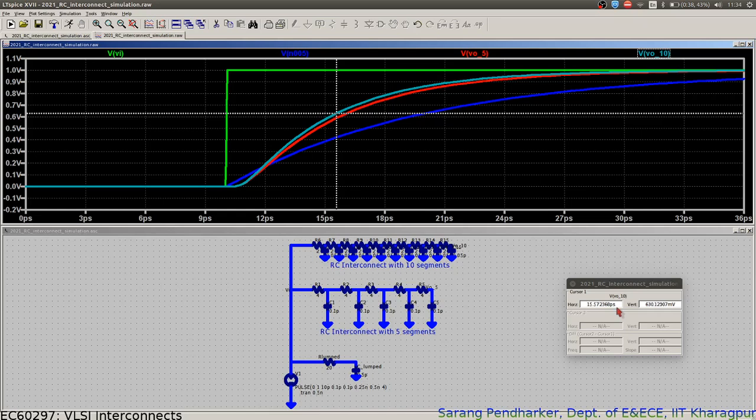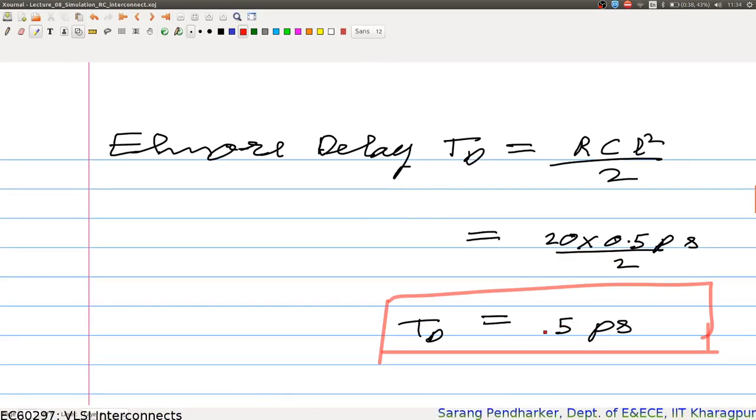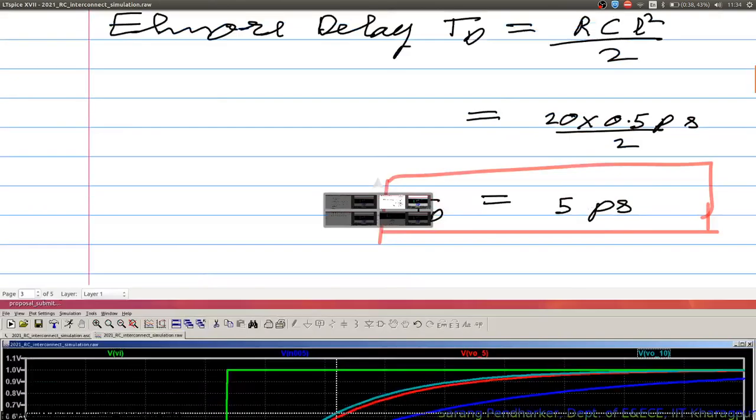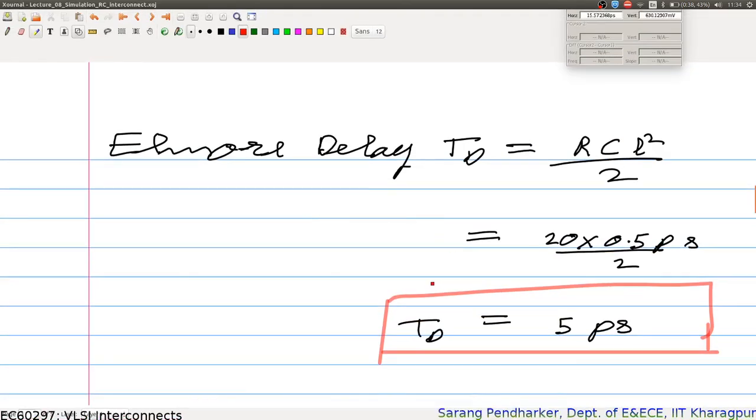So we can see that as the number of segments increases, my delay is converging to the theoretical value of 5 picoseconds. You can also test it for 20 segments and see whether your delay comes closer to your Elmore delay of 5 picoseconds or not.